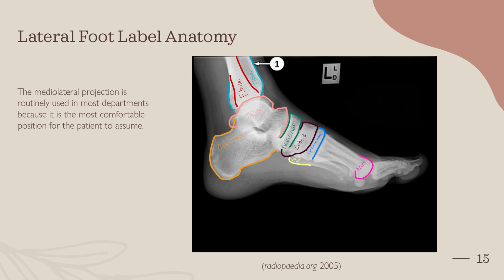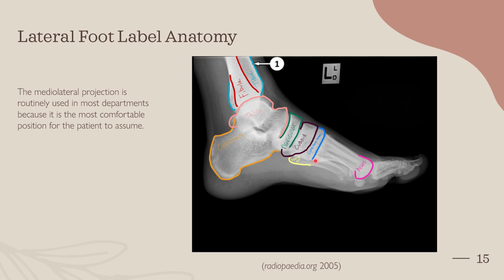Lateral foot anatomy is, so we have our tib fib, with the fibula behind, and then we're going to have our talus at the top with our calcaneus, and then our navicular, cuboid and cuneiform bones.